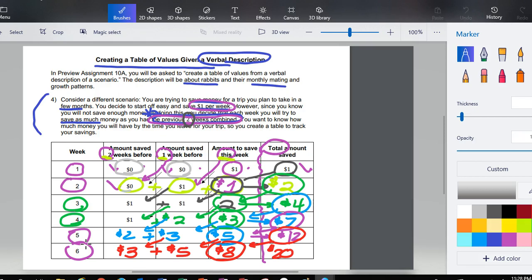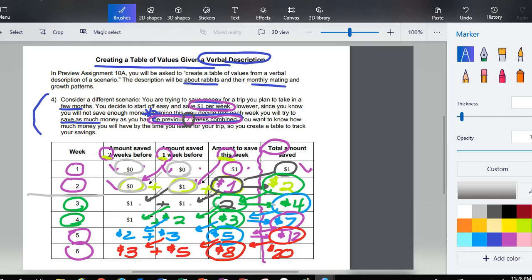But by the second week, we still haven't completed 2 full weeks, but we do have 1 week that went by that we can't include. And by the time we get to week 3, we're blowing and going. We've got 2 weeks before, 1 week before, and what we're doing this week in a total. And wash, rinse, and repeat.